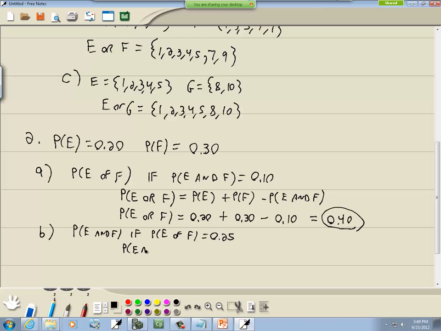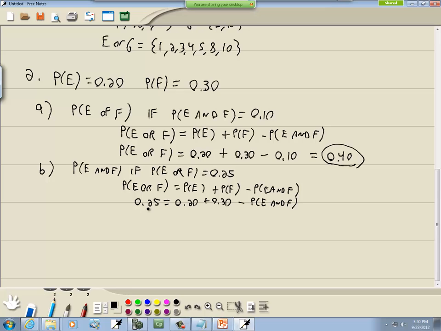We've got probability of E or F is equal to probability of E plus probability of F minus probability of E and F. Well, they tell us probability of E or F is 0.25, so put that in for that. Probability of E up here is 0.20. Probability of F is 0.30 minus probability of E and F.